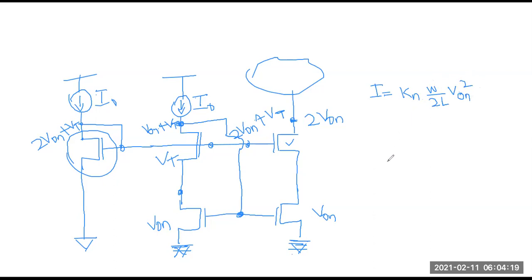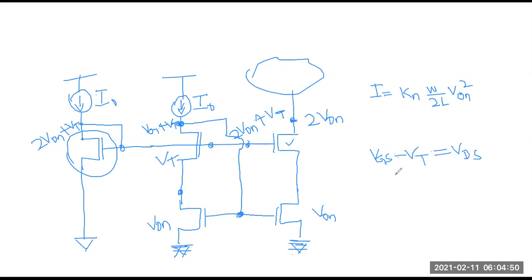This is the equation. Now we want 2V on, the headroom voltage. Instead of V on, we want 2V on. Initially it is V on plus Vt. Now it's 2V on plus Vt. So here you can see VGS minus Vt is equal to VDS.